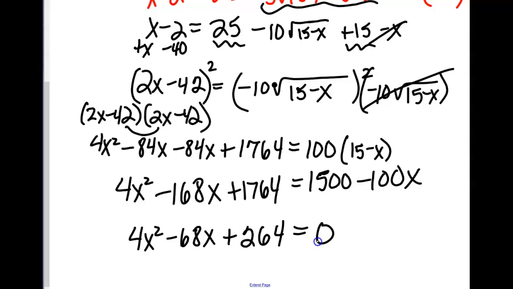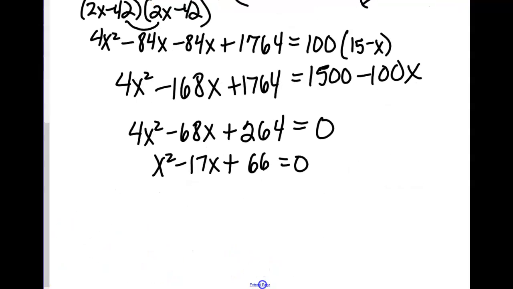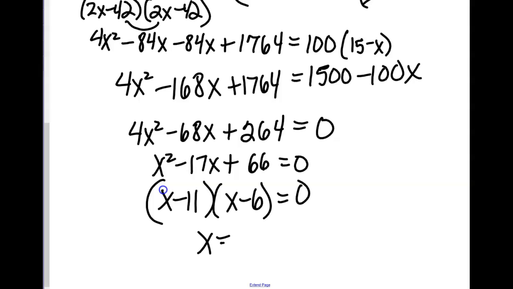Okay, can I divide everything by 4? What does this become? Oh, thank goodness, because factors of 66, anybody? 11. So I got x equals 11 or x equals 6.